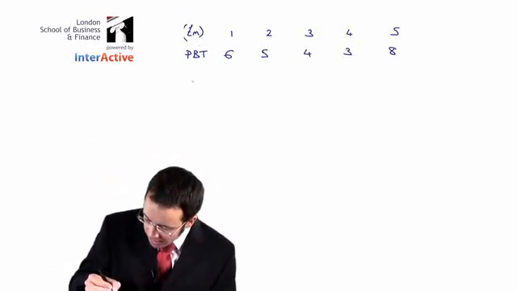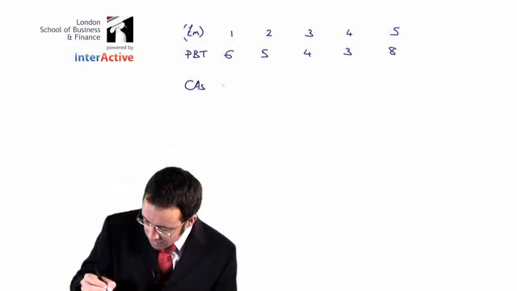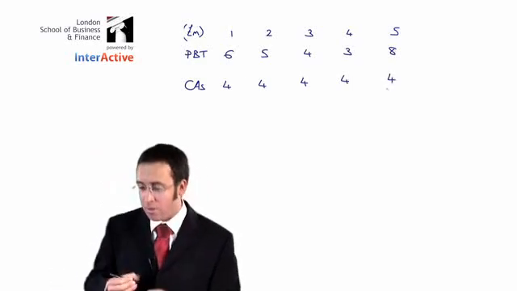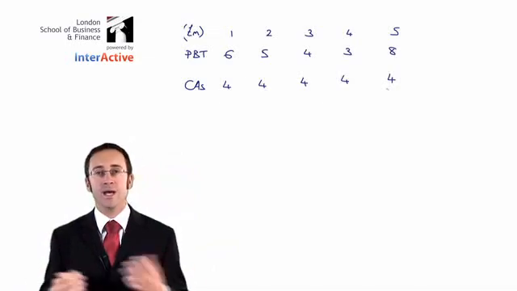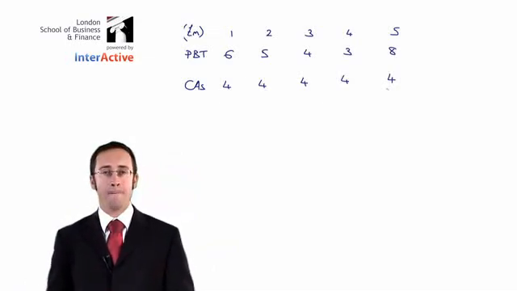If we then look at our capital allowances, we were claiming 20% straight line on that £20 million. So as we said, you have 4 million every single year.